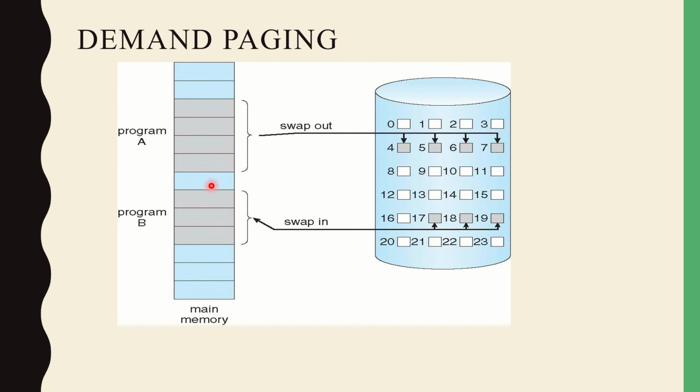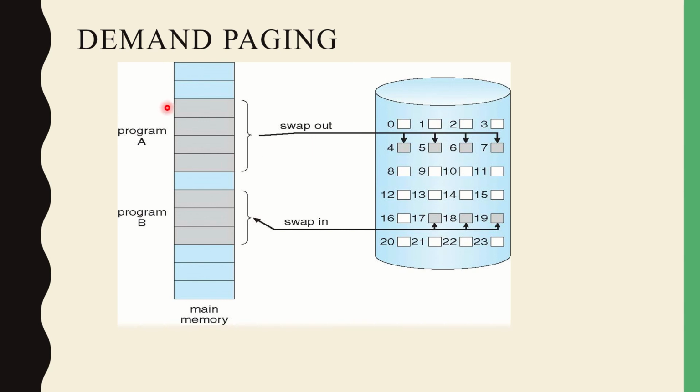In this main memory you can see that two programs are there, program A and program B. Suppose program A has completed its execution. It is sent back from the main memory, rewritten from the main memory to the secondary storage. That process is called swap out.